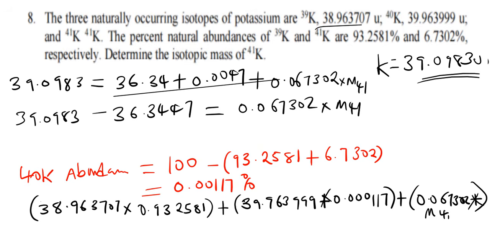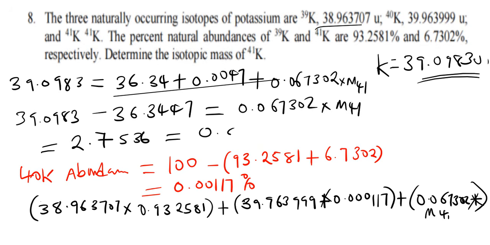Then we're just supposed to solve that part. When I subtract 39.0983 minus 36.3447, I'm getting 2.7536.